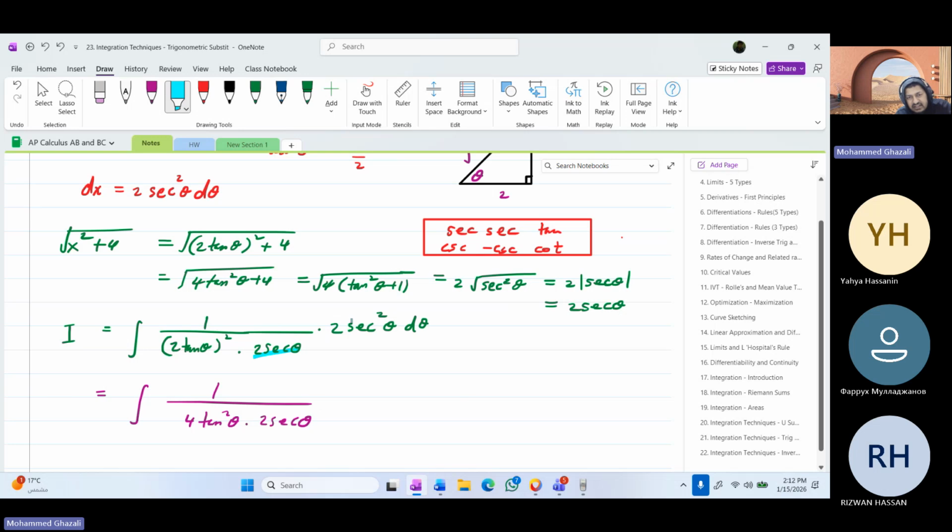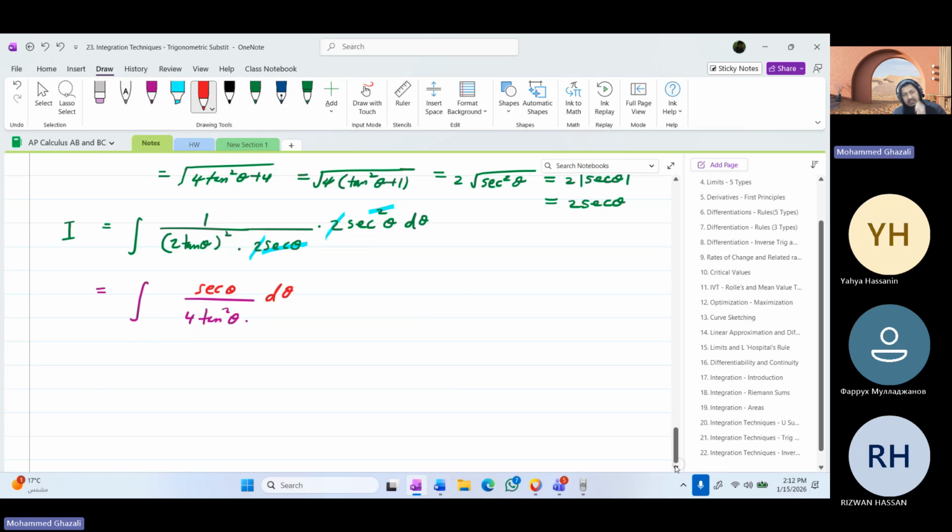The 2 sec theta and the 2 sec squared theta: the 2 and the 2 cancel out, and 1 sec theta and 1 sec theta cancel out. I can just write the remaining sec theta on the numerator. So we're left with sec theta d theta over tan squared theta.